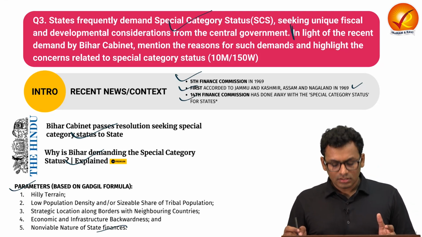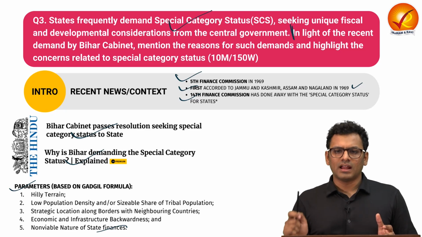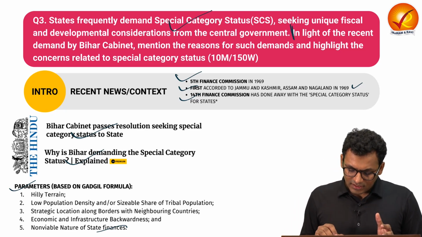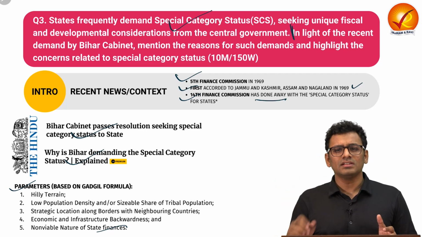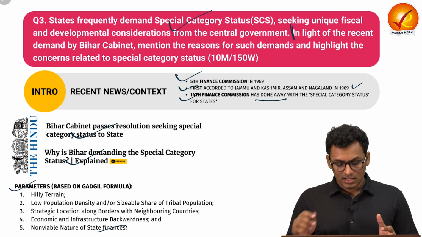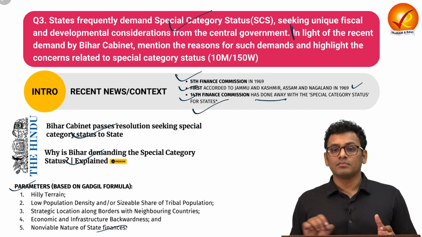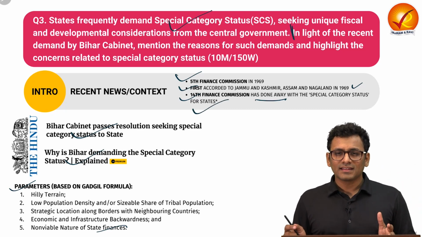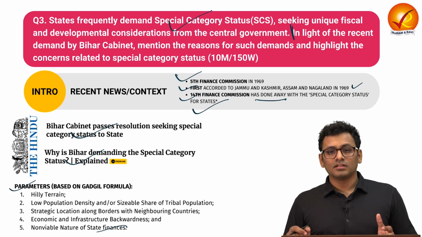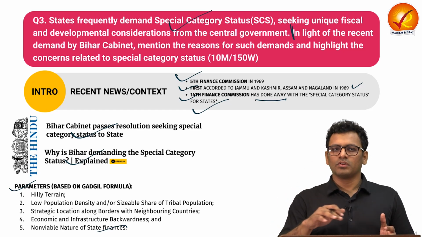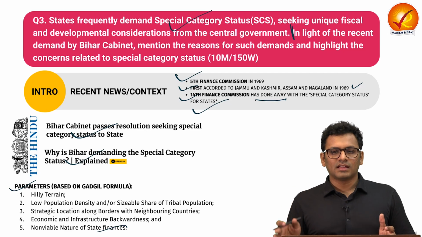Then came the 14th Finance Commission, which came into the picture after the Planning Commission was dissolved. The 14th Finance Commission did away with the special category status except for the Northeast region and a few hilly regions in Telangana. The rationale was that the Finance Commission created a new method through which, instead of 32%, which was the previous allocation, 41% goes to the states from the entire pool.